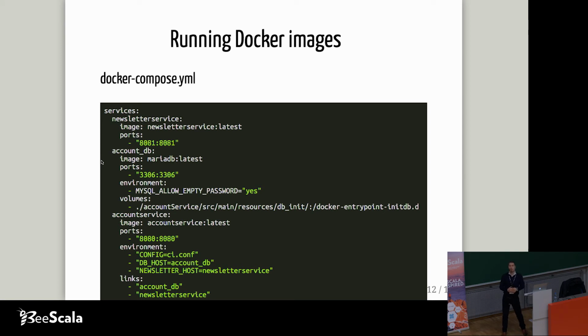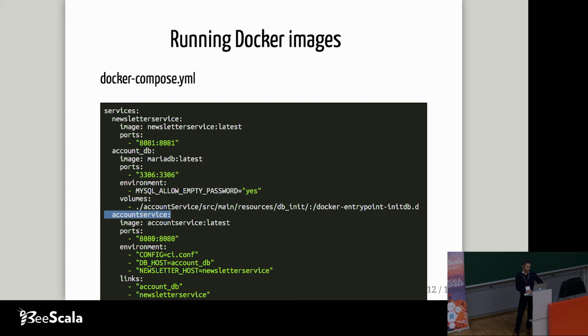And then for running the actual Docker images, I'm using Docker Compose. This is the file that I put together. Here I have the three dependencies, the newsletter service, and then the account DB, and then the account service.